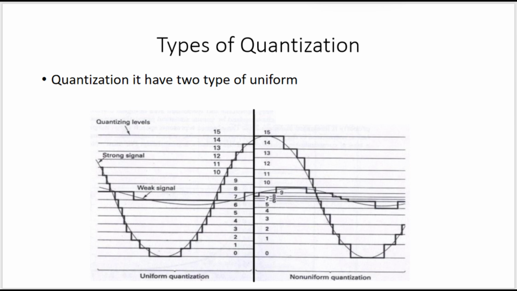The effect is to improve the overall SNR by reducing the noise for the predominant weak signals, at the expense of an increase in noise for the rarely occurring strong signals.